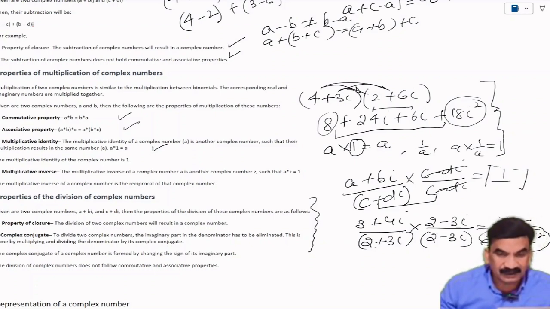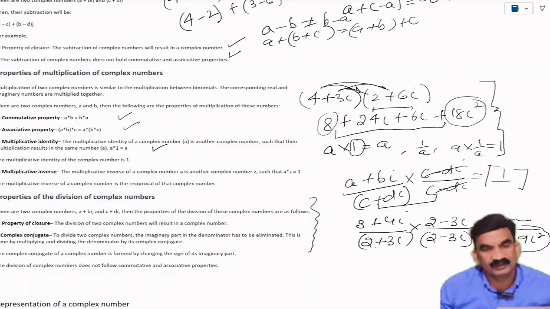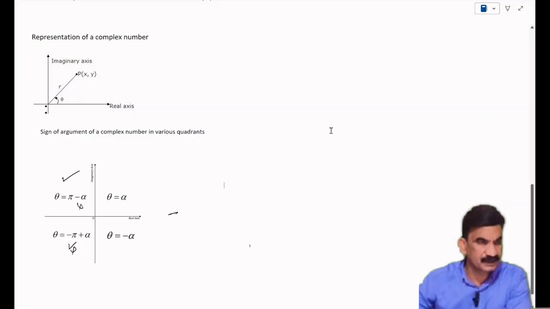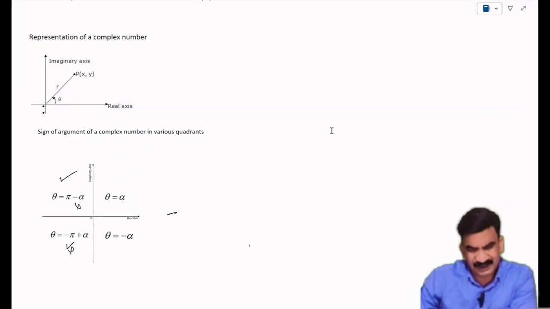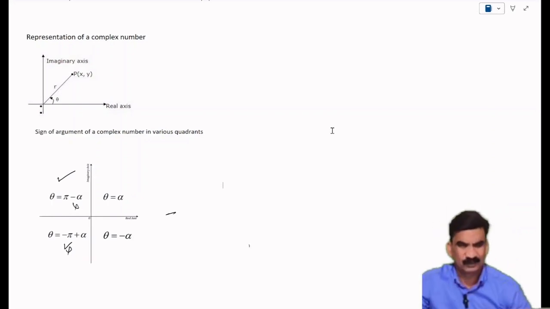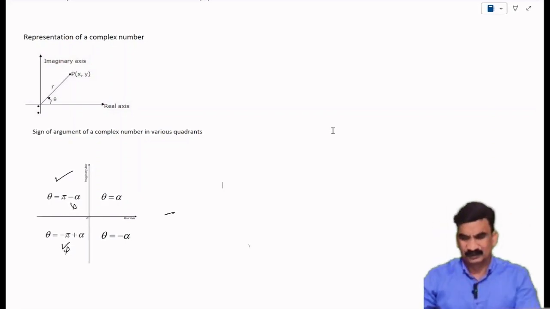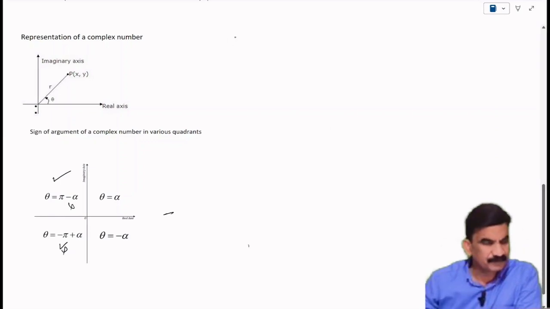The important part is the representation of the complex number. Representation of a complex number is called the Argand plane. It doesn't matter what it is called. You need to know how it is represented.